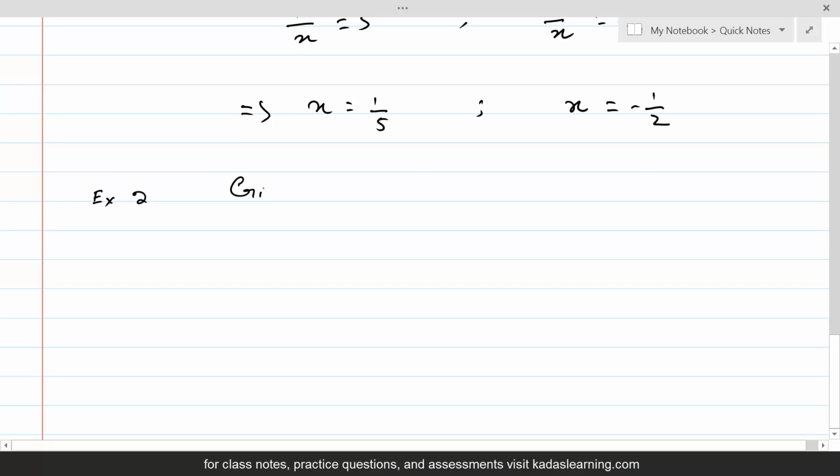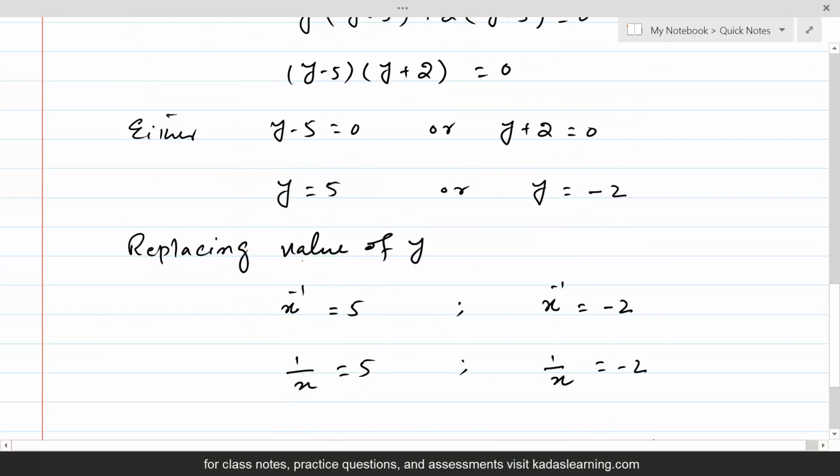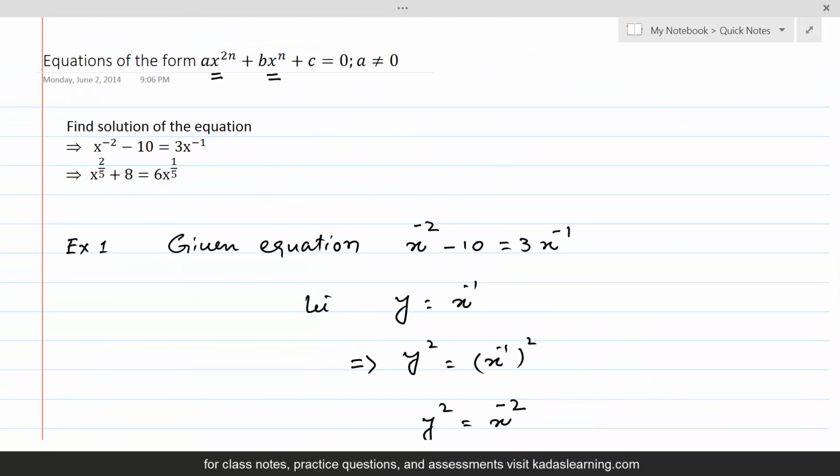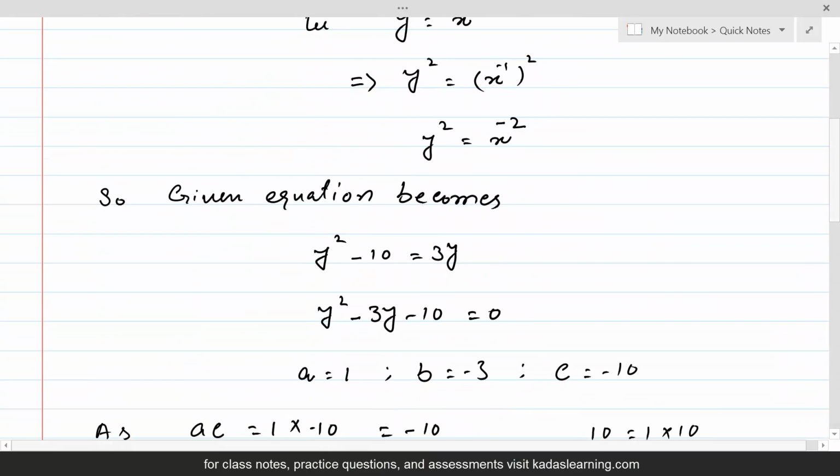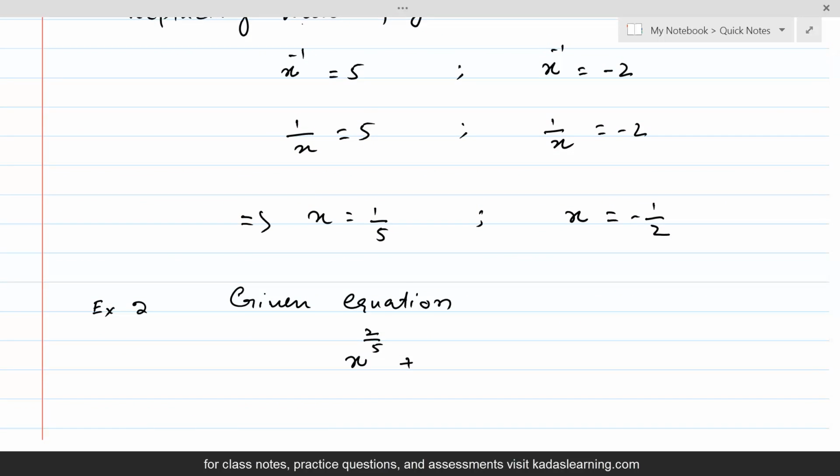Given equation is x power 2 by 5 plus 8 equal to 6 times x power 1 by 5.